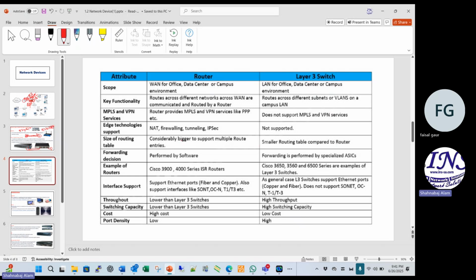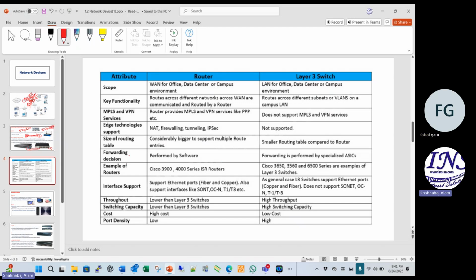We can do multiple routing on the router, but we cannot do multiple routing on the layer 3 switch. This is the difference between a router and a switch.